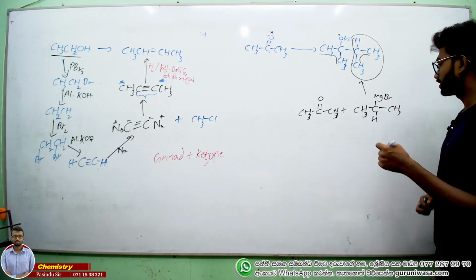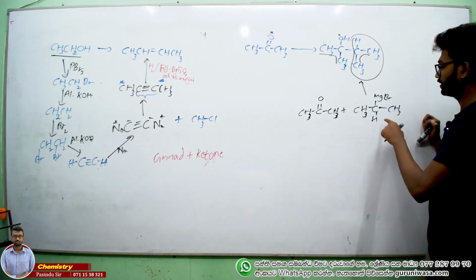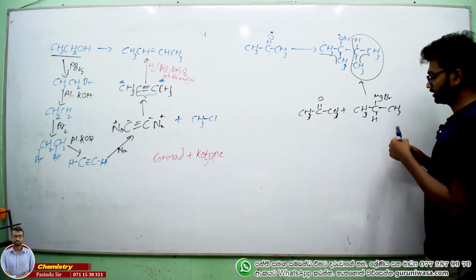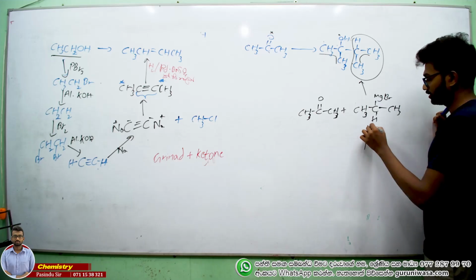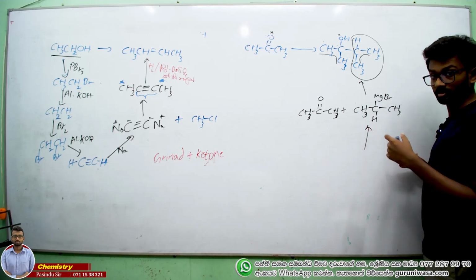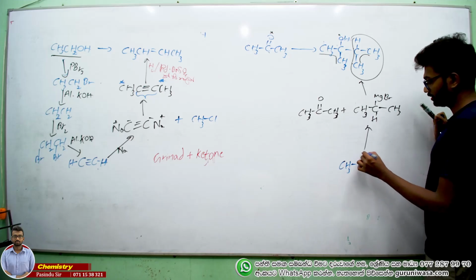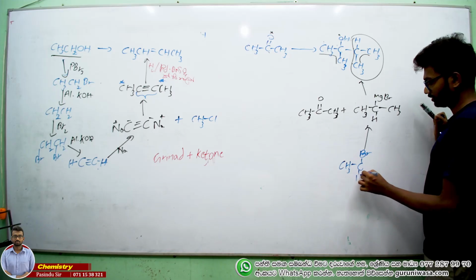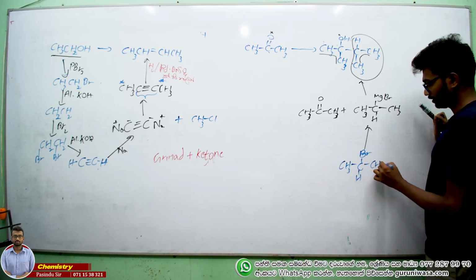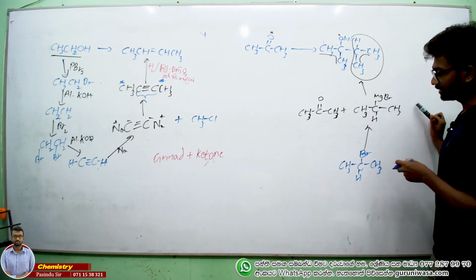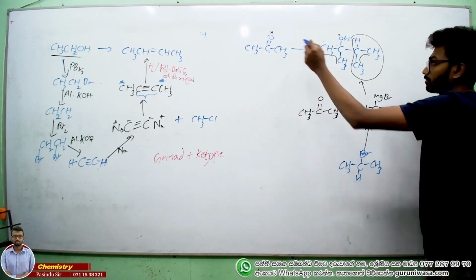So let's make this Grignard, right? How to make Grignard? Previously it would be an alkyl halide, CH3, C, Br. Then you can easily make this one from this one, right?